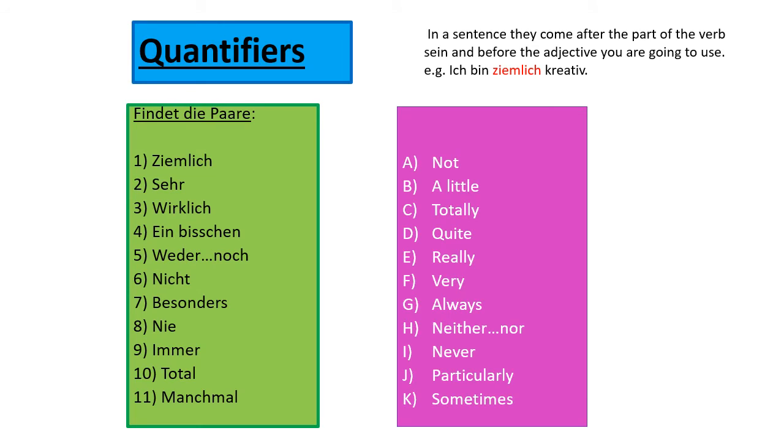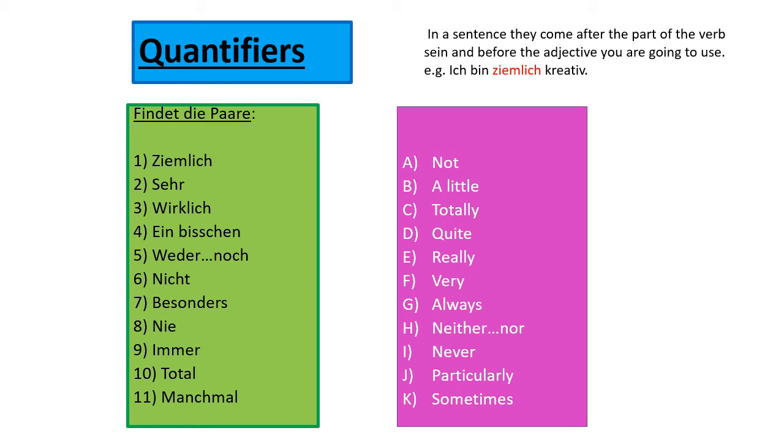At National 5 level, when we're writing, or even when we're reading or listening to German, we need to try and make our sentences a little bit more sophisticated. One way of doing this is using quantifiers. These are the little words like "a little bit", "totally", "very", that make your sentences a little bit more interesting. So this task needs you to match them up and find out which ones mean which.